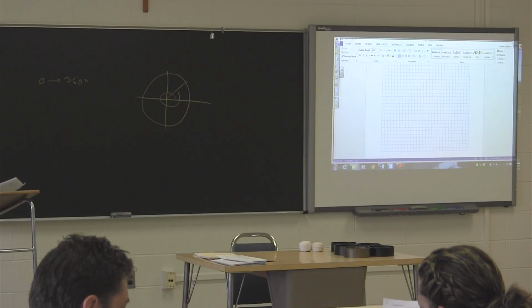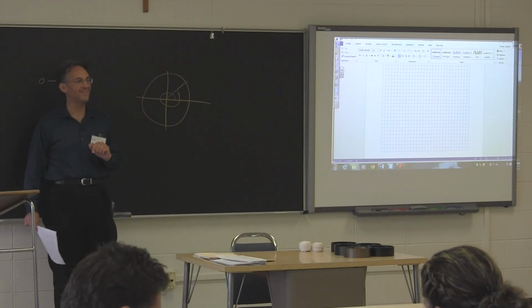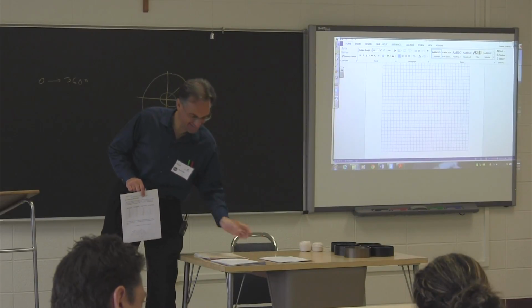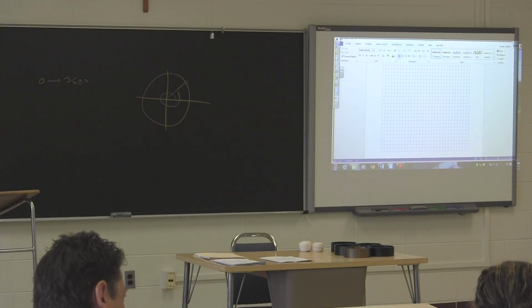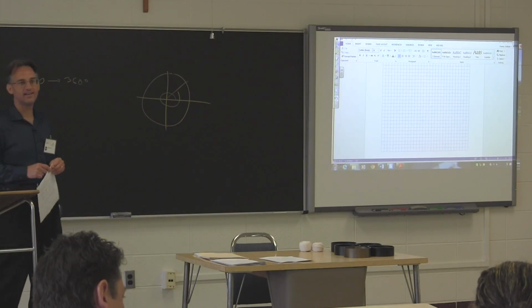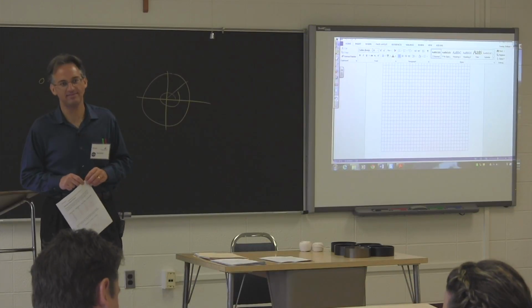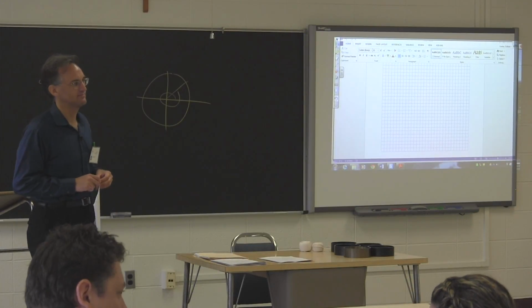Yes, we're going to start on the... Oh, I started with this. We're going to start on the x-axis and go from there. Sorry about that. This is 360, yeah.